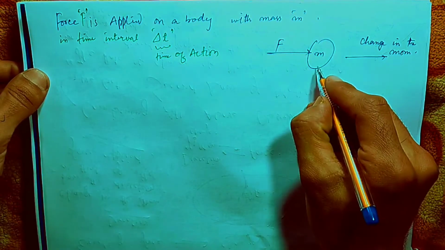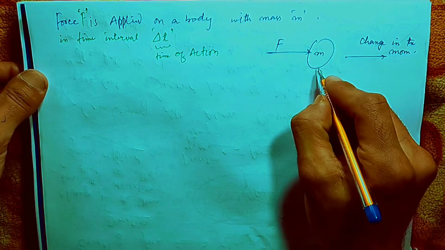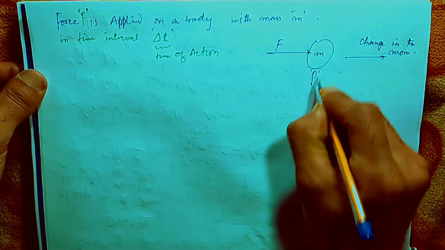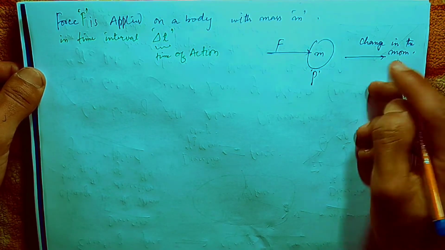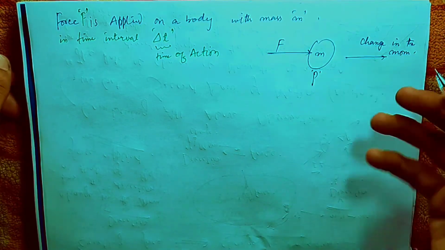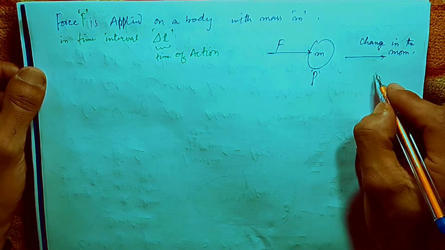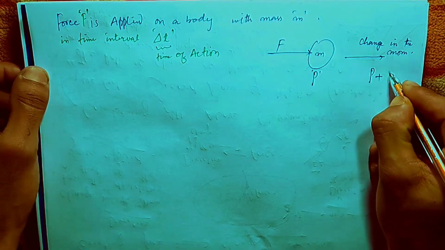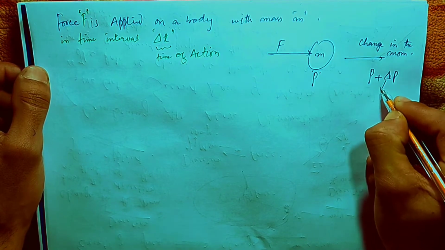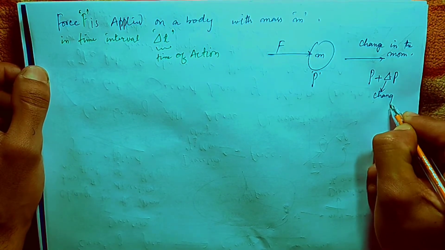If this body at first possesses momentum p, then the momentum gets changed, increased or decreased depending upon the situation. Here in this case momentum increases from p to p plus delta p. Delta is representing the change.